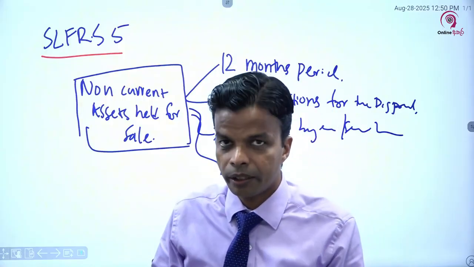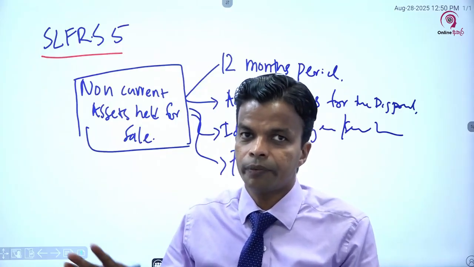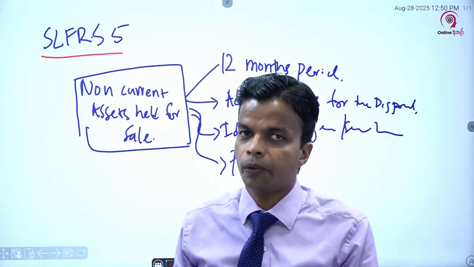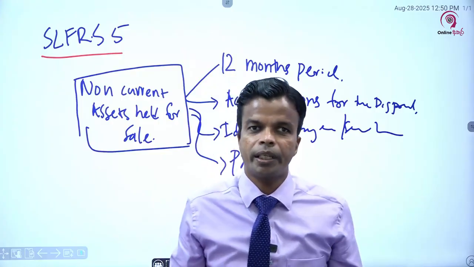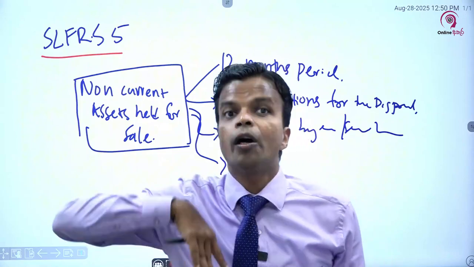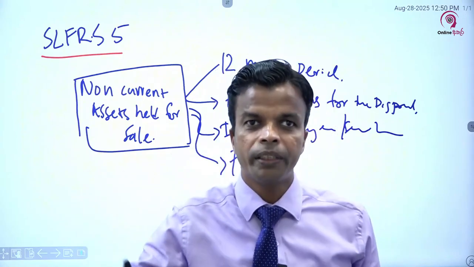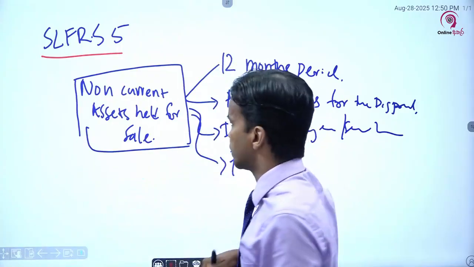So directors make a decision: okay, we are going to dispose of it. Let's do the advertising and the buyer selection, and also come up with a pricing, understanding what the price should be. If all these things are happening actively, and you have the intention to complete the disposal within the next 12 months, then it's non-current assets held for sale.